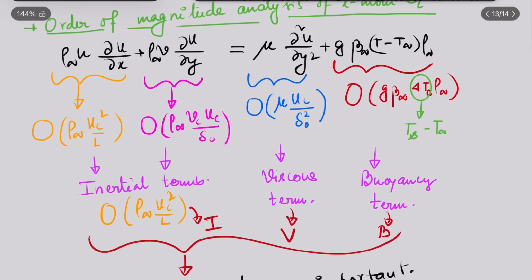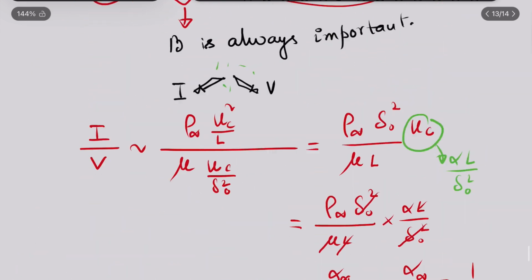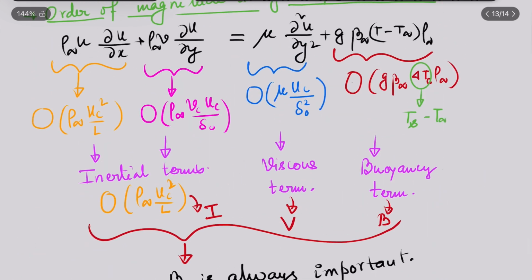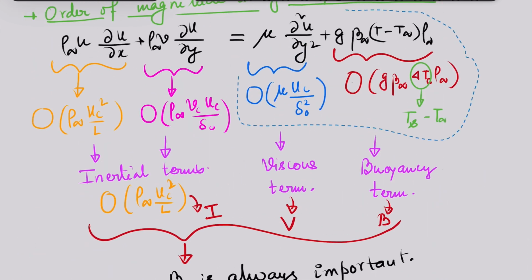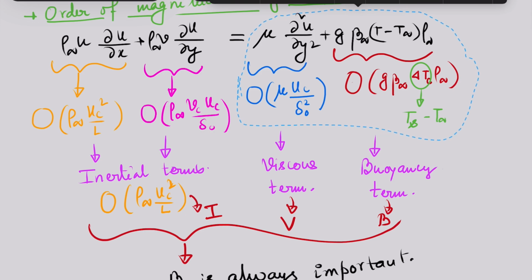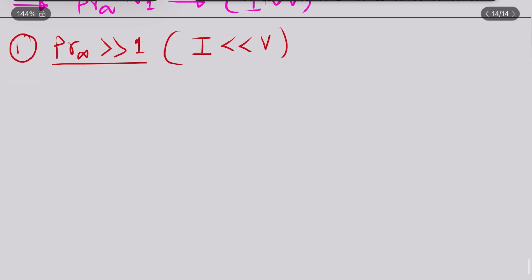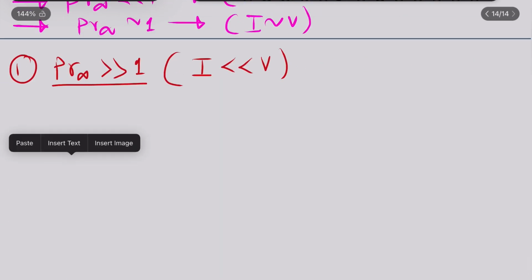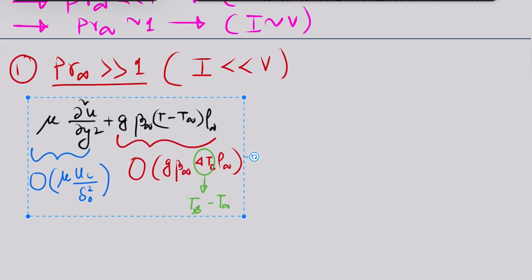If the viscous term competes with the buoyancy term, then these two things will have the same order of magnitude. So if I just copy this whole thing, I will just paste it here.